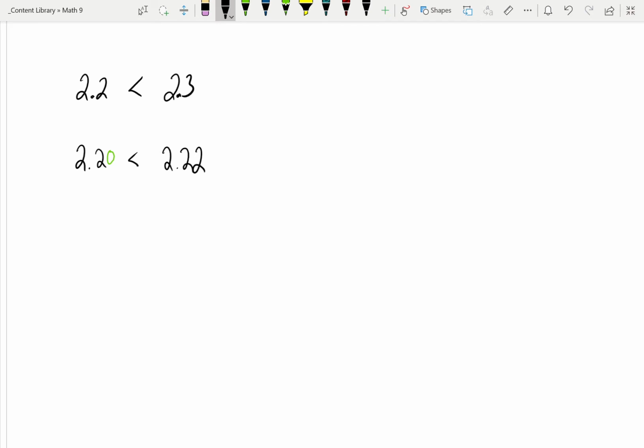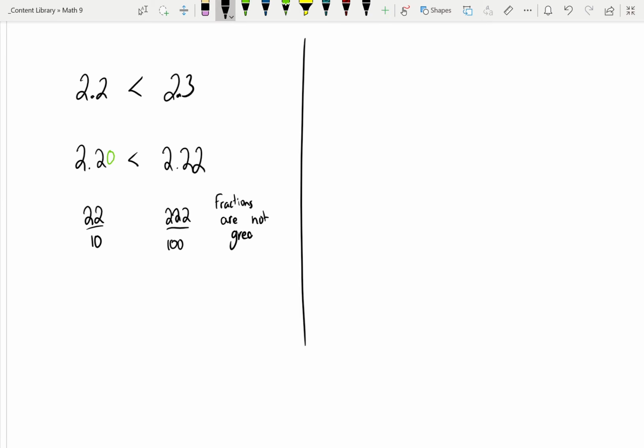Another way I can think about these, well, let me kind of throw a wrench into these. What about 22 over 10 versus 222 over 100? Now, one of the things that we'll notice is that fractions are not great for comparing size.